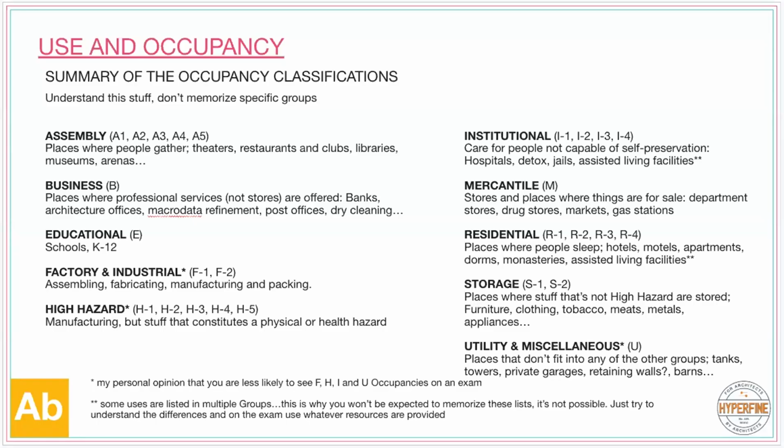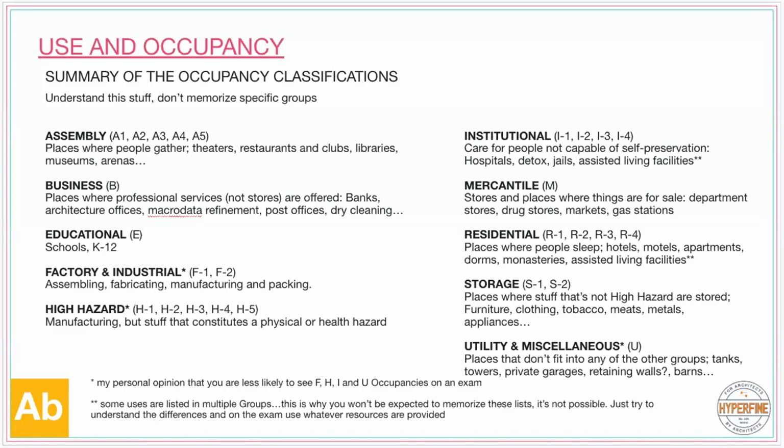And so you can see residential is again broken up R1, R2, R3, R4, based on how transient or how permanent people live there, and the theoretical hazards that you might encounter. Usually the code assumes that people who are more permanent in nature are less hazardous than people who are staying in a place that they don't maybe know as well. We can probably talk about that in a little bit.